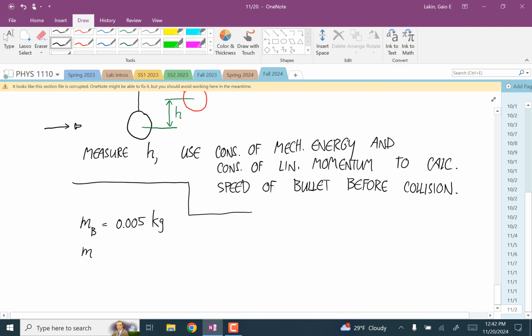And the mass of the, I called that a block before, so that's not very helpful. I'll just call that the big M. Is, let's say, 1 kilogram.